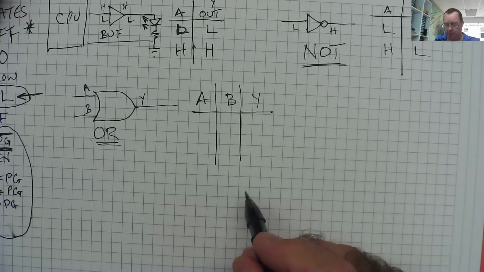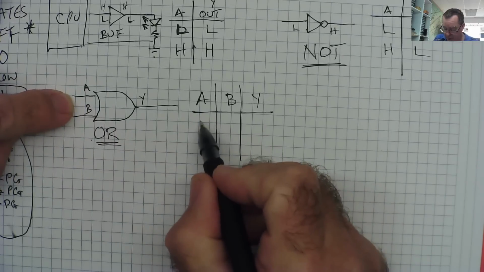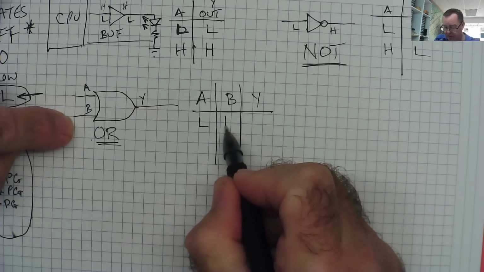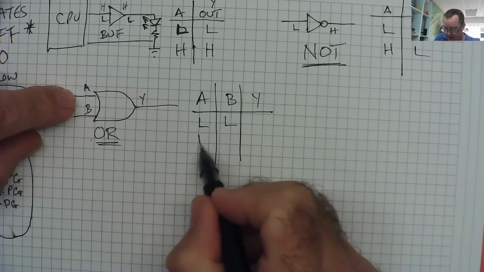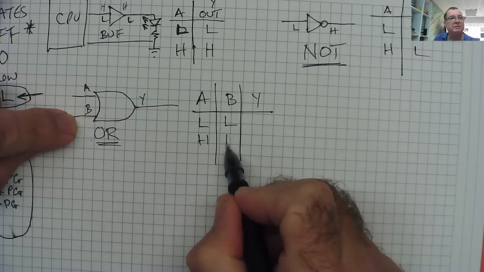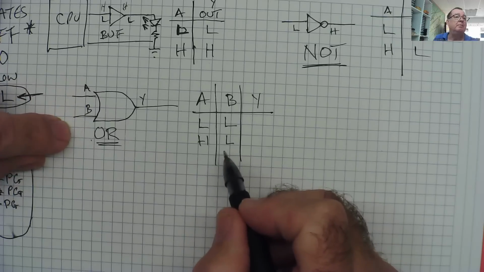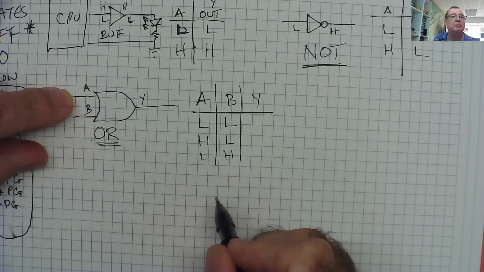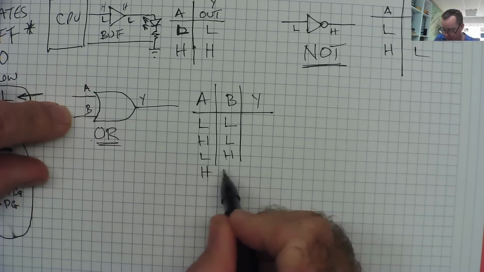There's actually 4. A can be low, 0 volts. B can be low, 0 volts. A can be high, and B can still be 0 volts, low. B can be high, 5 volts. A can be low, 0 volts. Or they can both be high. They can have 5 volts on both of them.